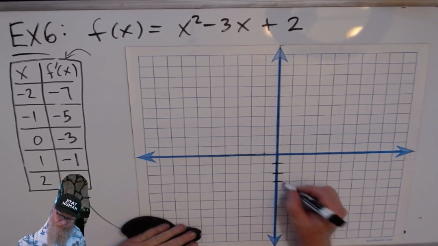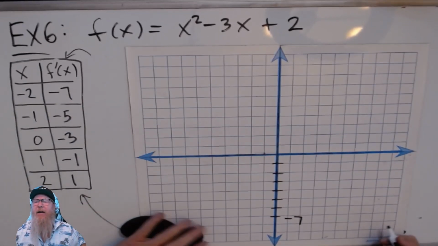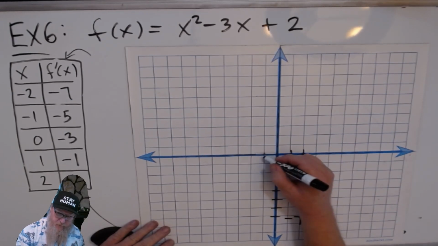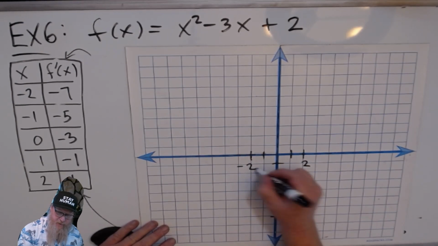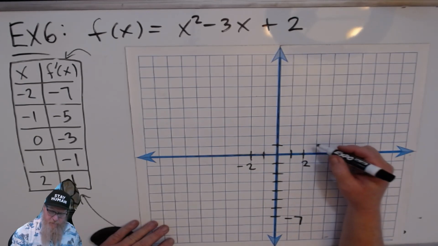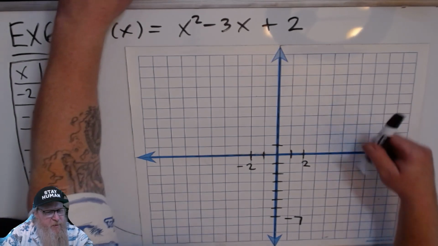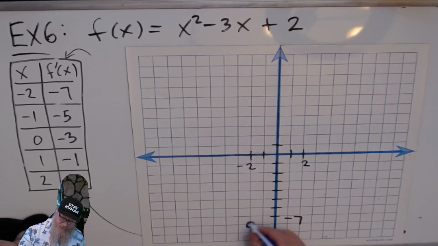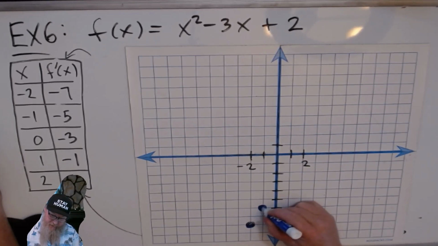So 1, 2, 3, 4, 5, 6, -7. I'm kind of looking at my y values here. 1, 2, -2. I'm not going to label every point. So I've got -2, -7 right here. -1, -5.